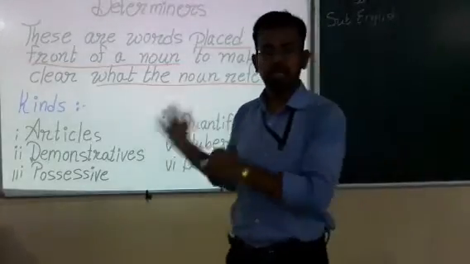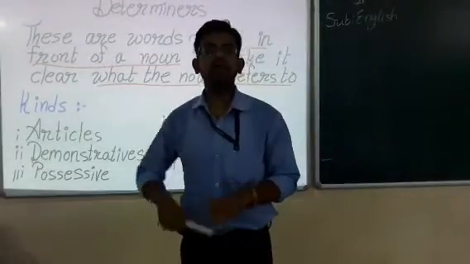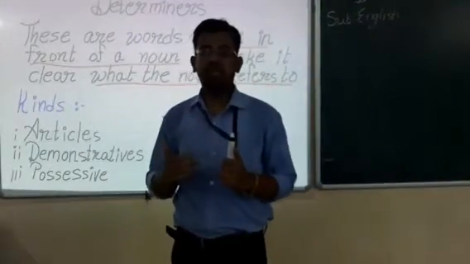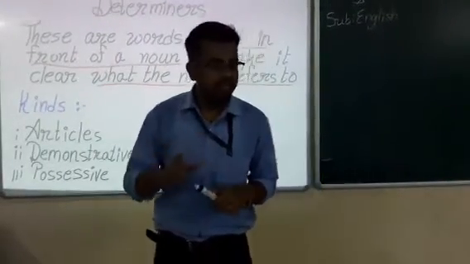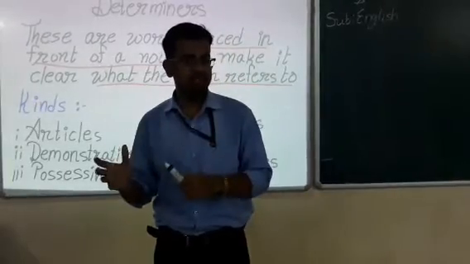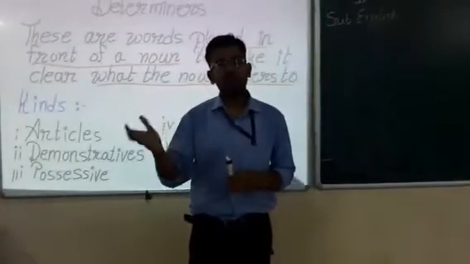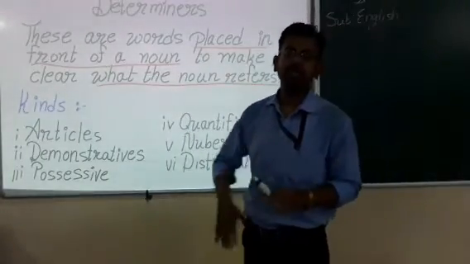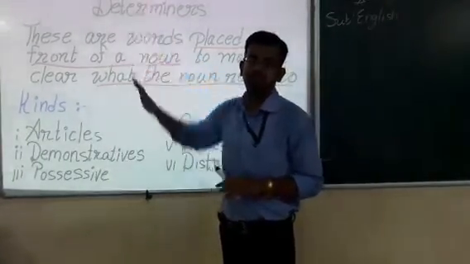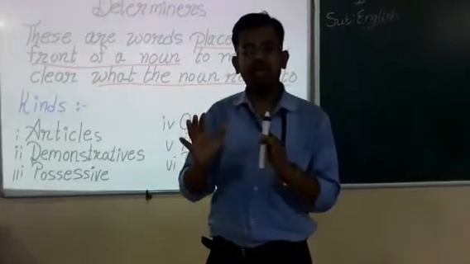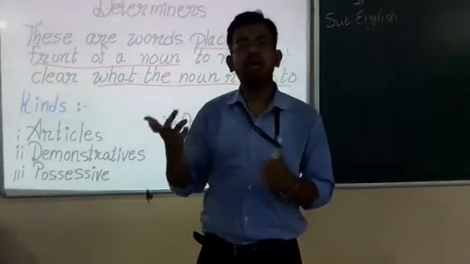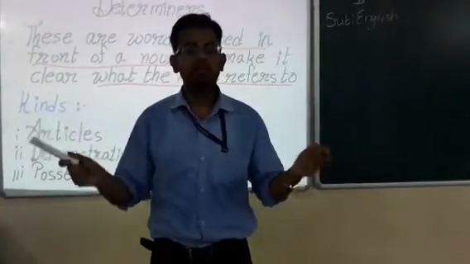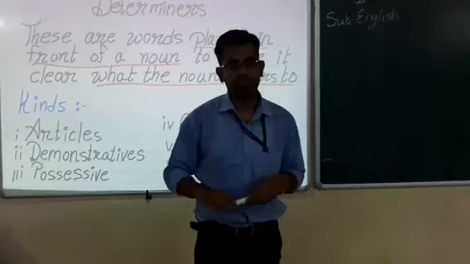All those things are determined by determiners. So try to understand it one more time. Determiners are words used in front of a noun to determine the noun. That means determiners identify whether the noun is singular, plural, countable or uncountable.